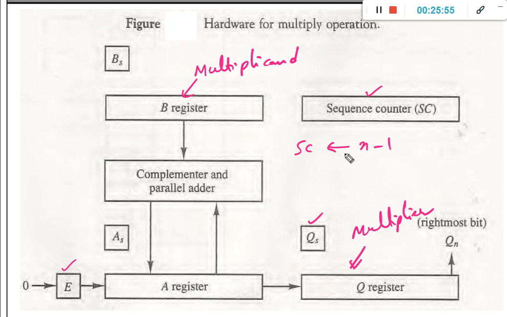Previously we said that we need to take 5 minus 1. However, we need to take 6 minus 1, so the initial value will be 5. Why do we take 6? Because we need to include the sign bit of the Q register also, which we had not included previously. So the initial value of the sequence counter will be 5.